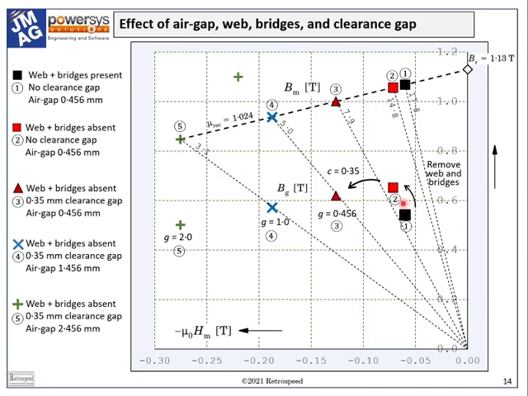But while we're here, let's have a look at the effect of the clearance gap, case 3. If we change the 0.35mm layer from steel to air, the air gap flux density falls from about 0.654 to 0.619 Tesla, about 5.5%.